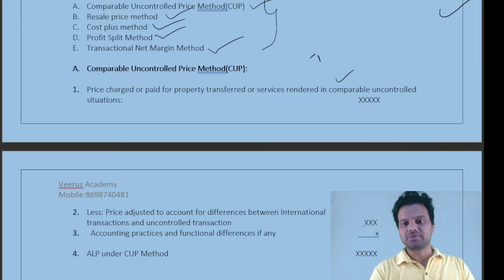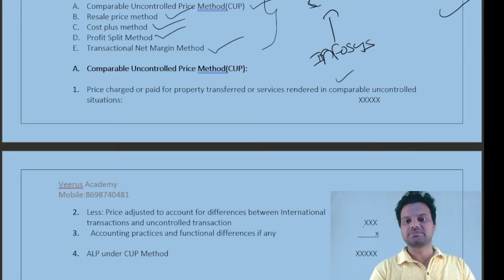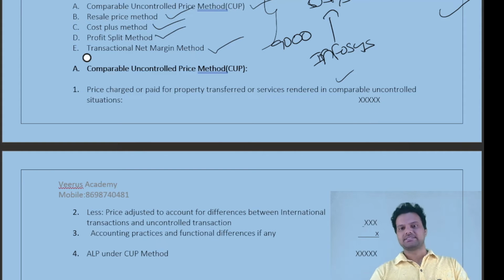In the same example, Infosys is selling to its subsidiary in the USA for 9,000. Internal means Infosys selling to another customer in the USA, an unrelated party, at 10,000.